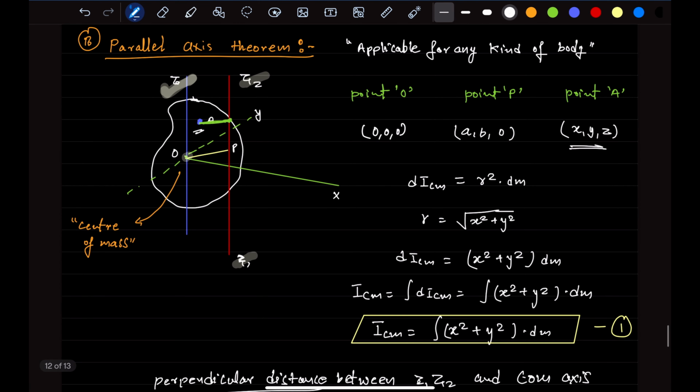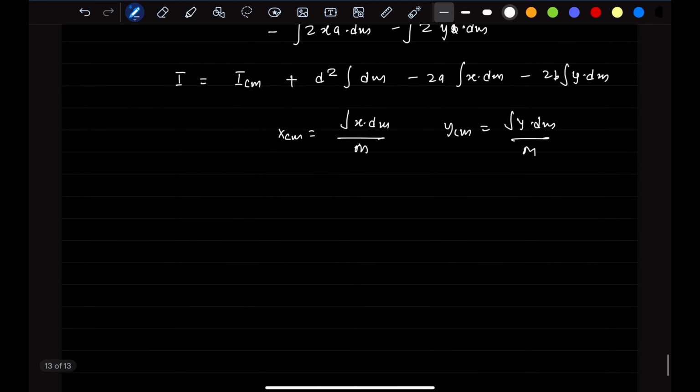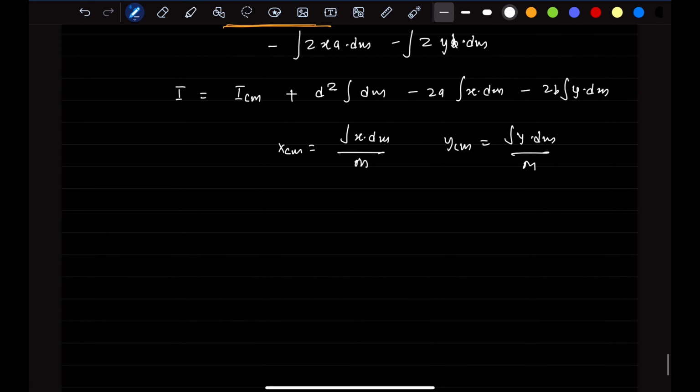In this derivation we have taken the origin as the center of mass, so it is (0, 0). So x_cm is 0. Then the integration of x dm divided by m is 0, which means the integration of x dm is 0. Similarly, the integration of y dm is 0.